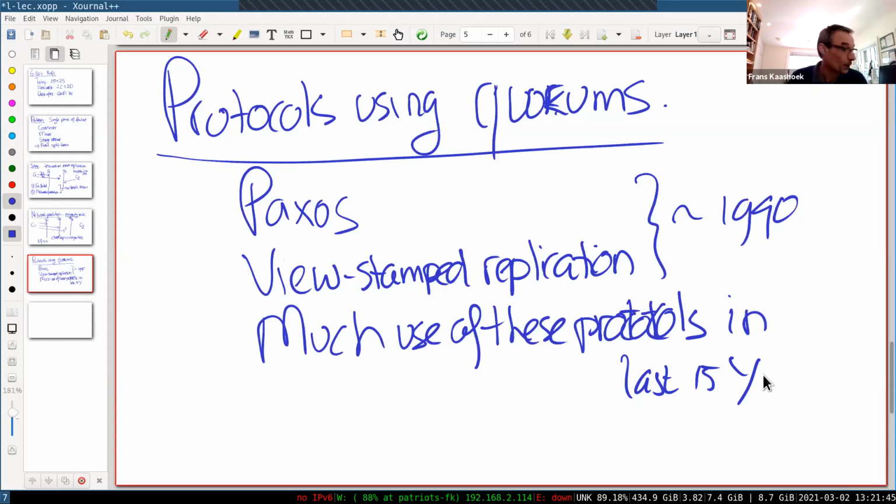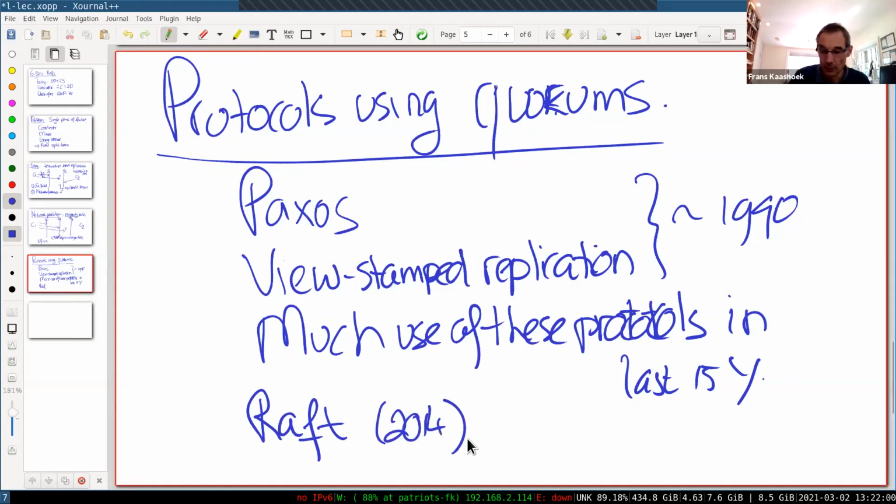The protocol that we're going to be implementing in the lab, and discussing in the lecture, and which is the topic of the paper, falls in this lineage of protocols, and it's called Raft. The paper is from 2014, and it is one of the more complete descriptions.